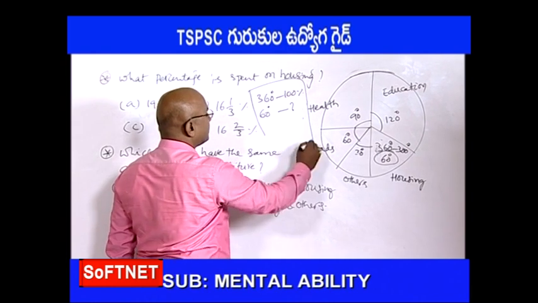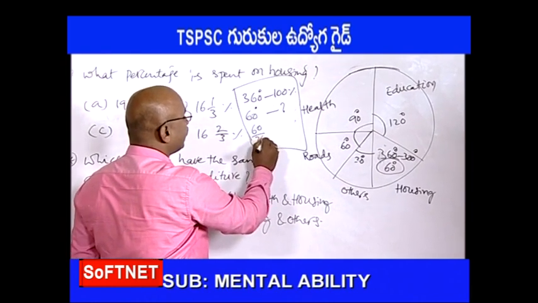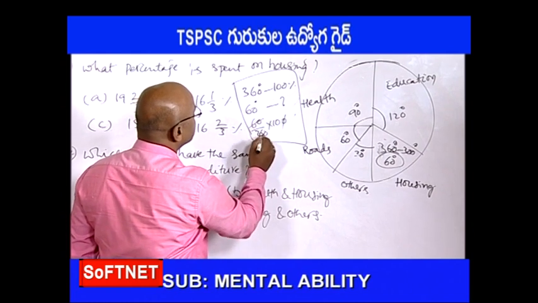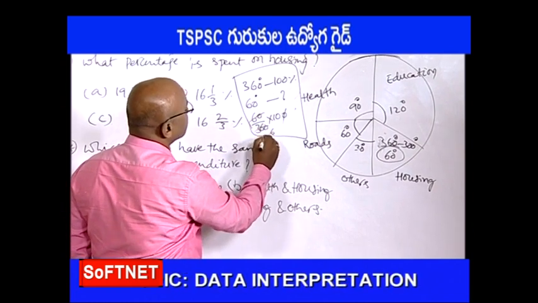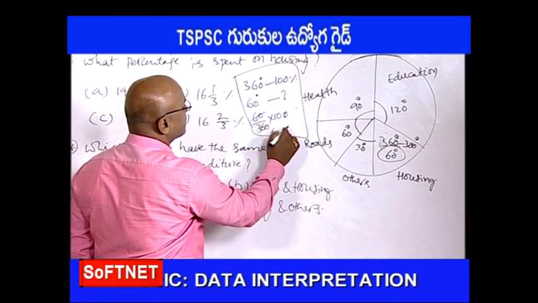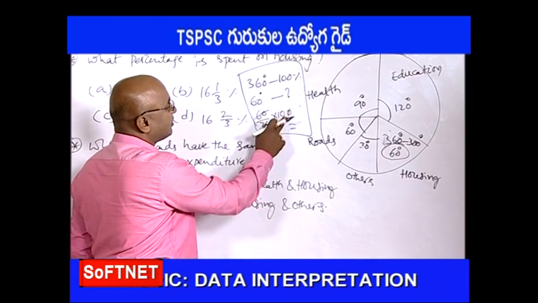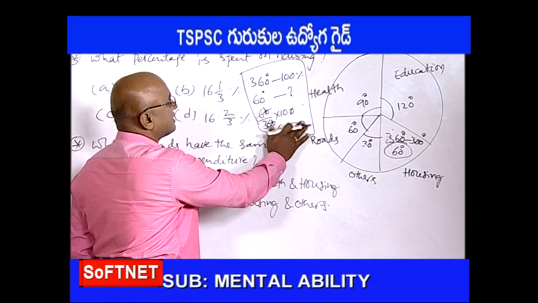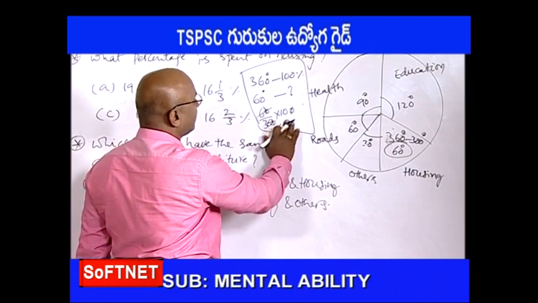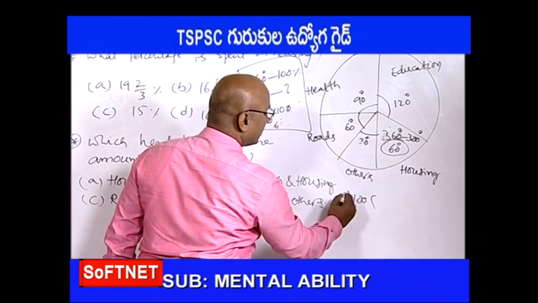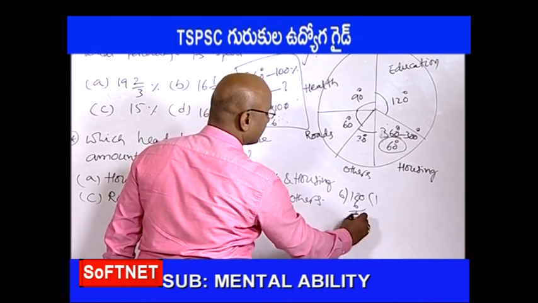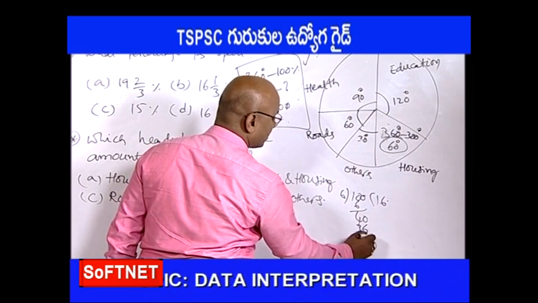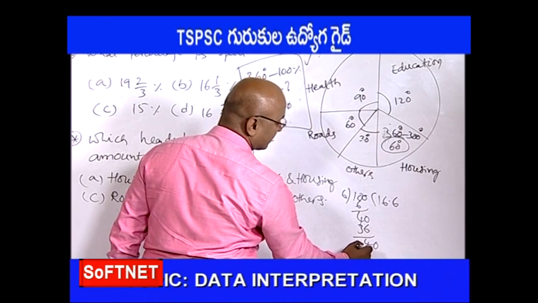Okay, so see this: 60 by 360 into 100, that is equal to 100 by 6. 6 ones are 6, remainder is 4, put a point and a 0, and 6 sixes are 36.